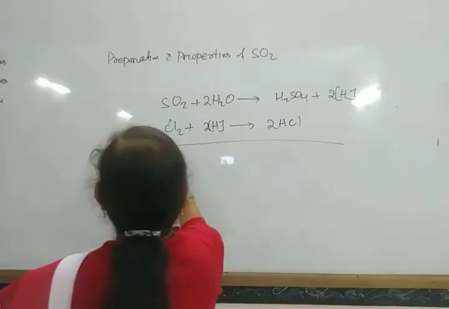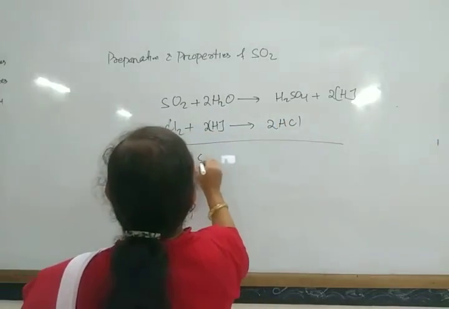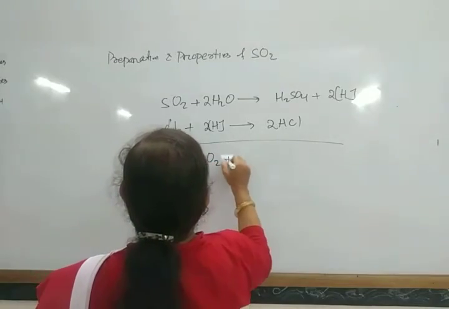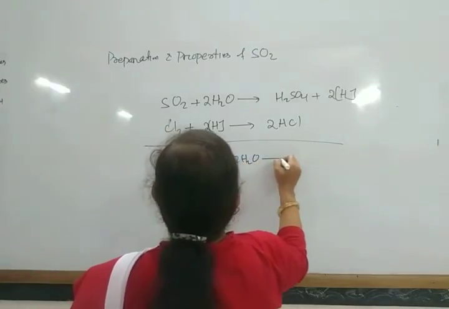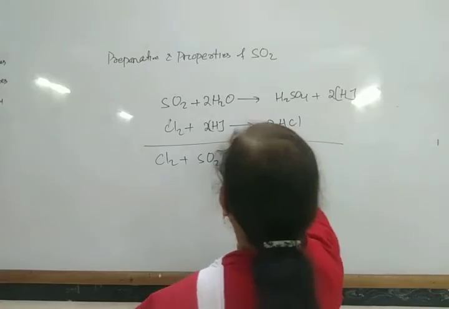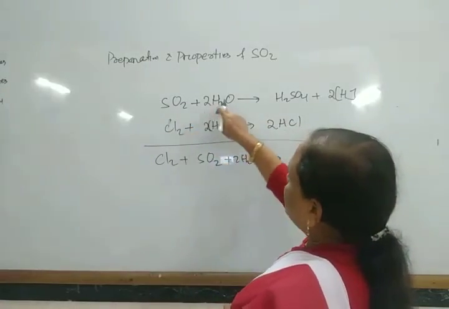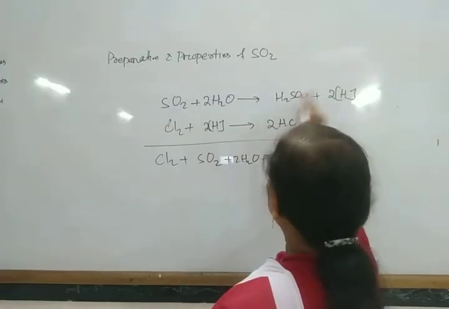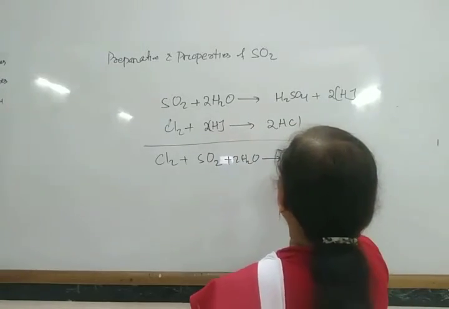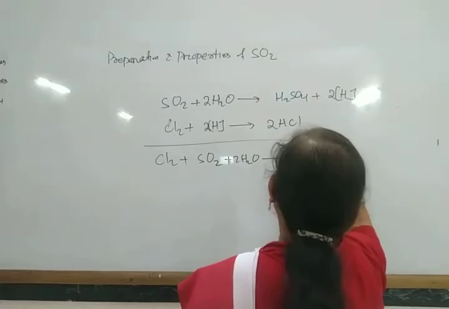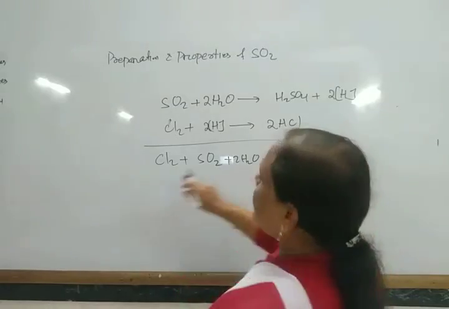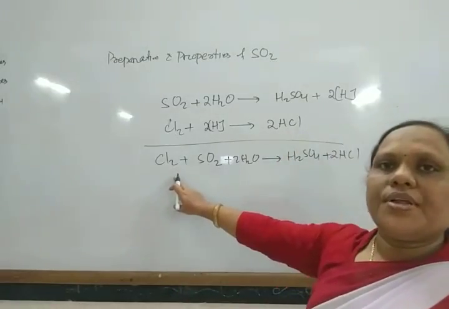In this way, SO2 plus Cl2 plus 2H2O gives rise to H2SO4 plus 2HCl, with the 2H cancelling. So it reduces chlorine to hydrochloric acid.